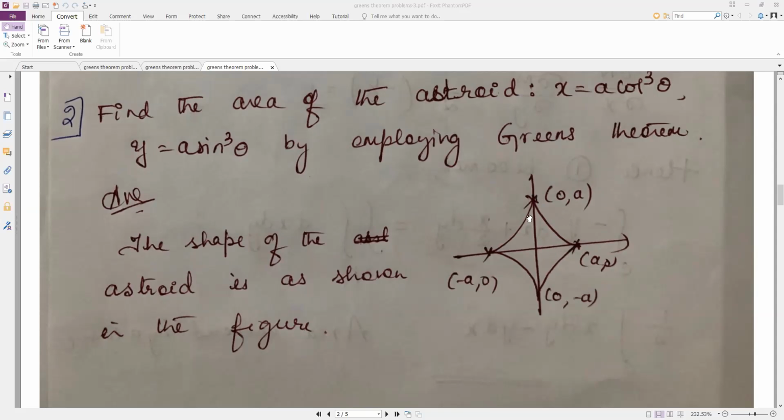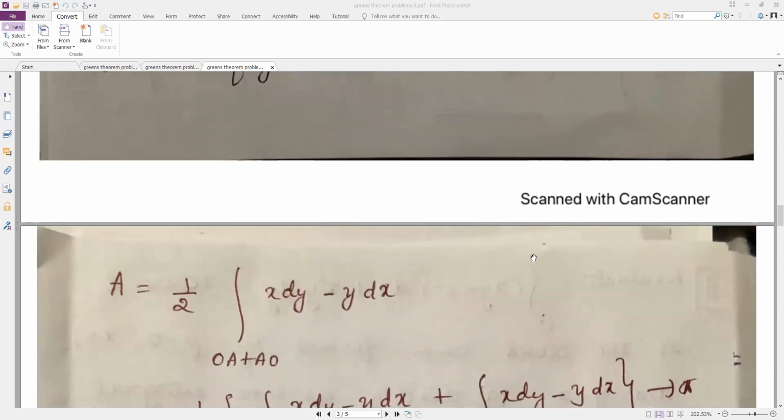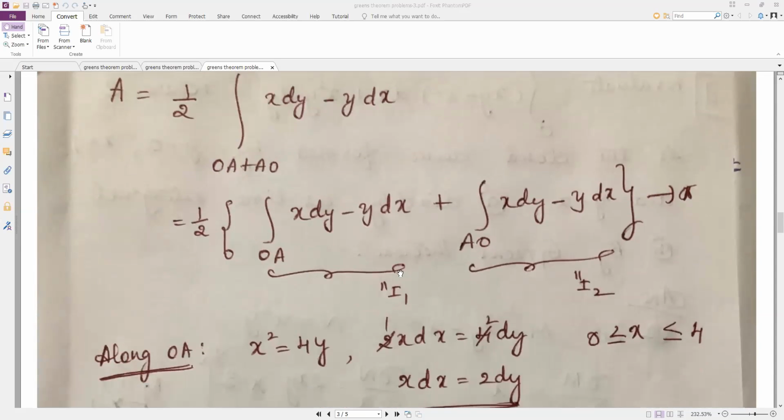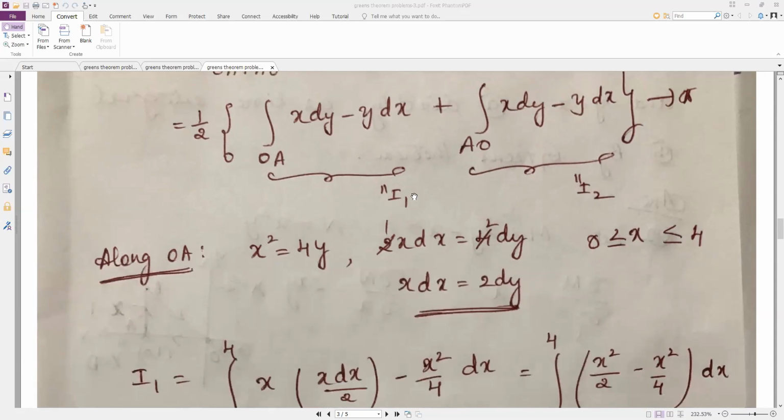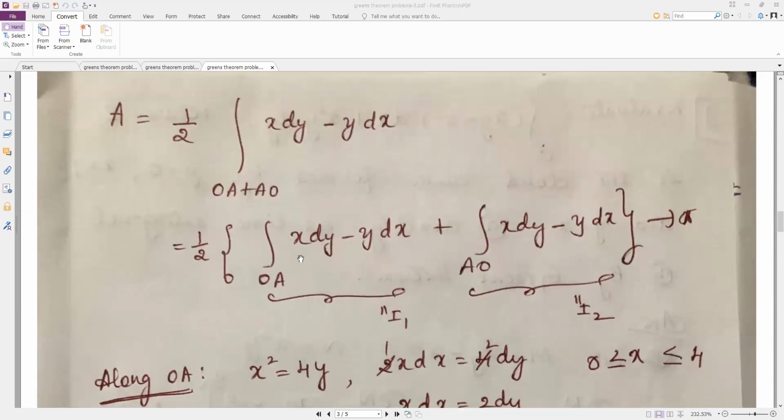So in the first quadrant, I will take only the first quadrant. I1 and I2 have been taken. Actually, I need to write here area. This area is calculated only in the first quadrant. So this is half into, this is I1, this is I2.